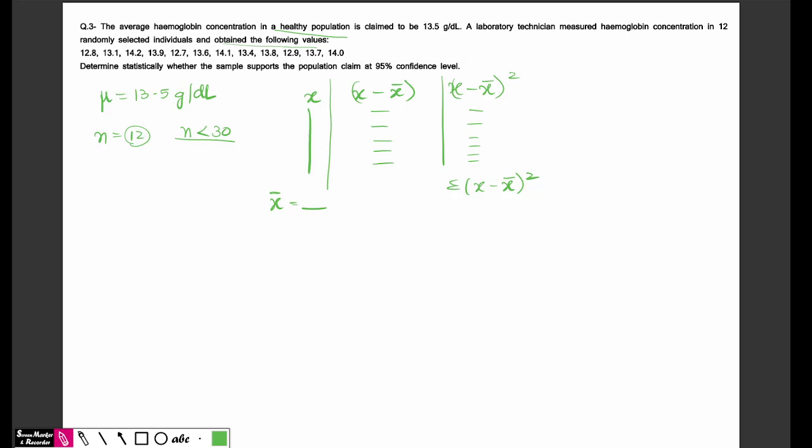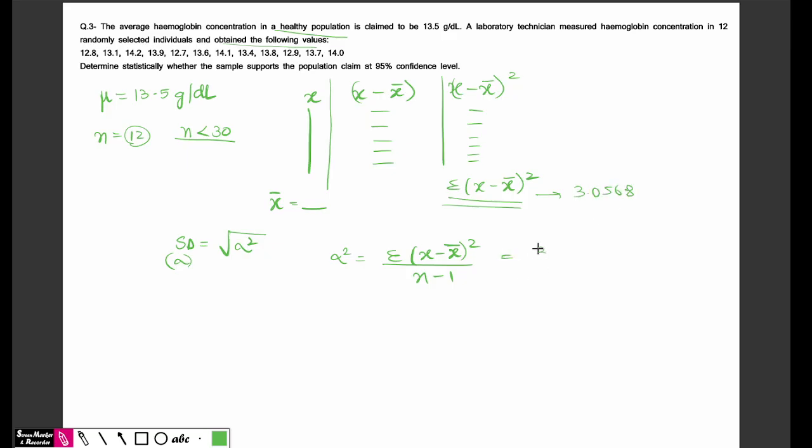So once this has been done, now we have to first of all work out the standard deviation and the standard error. So how do we calculate it? We know that standard deviation here is the root of variance. We denote it by sigma only. Now variance formula comes out to be the summation of x minus x bar and its square upon n minus 1. Once you calculate, the value comes out to be 3.0568.